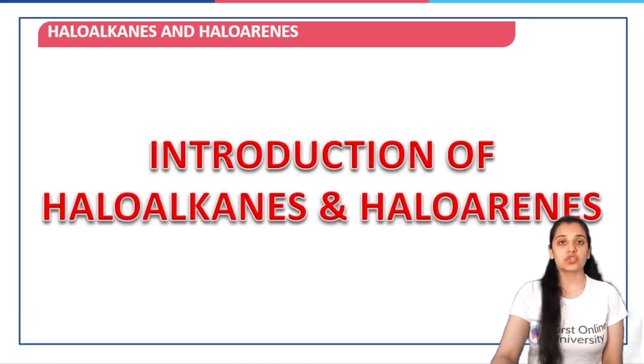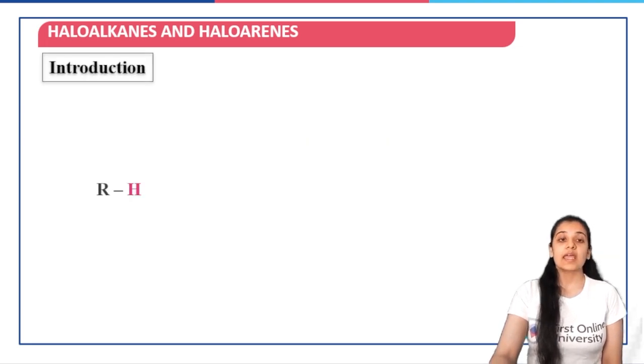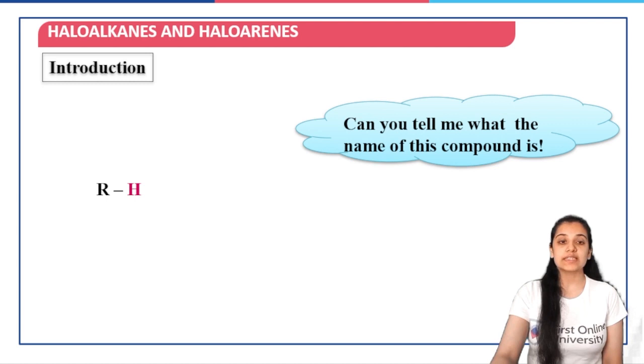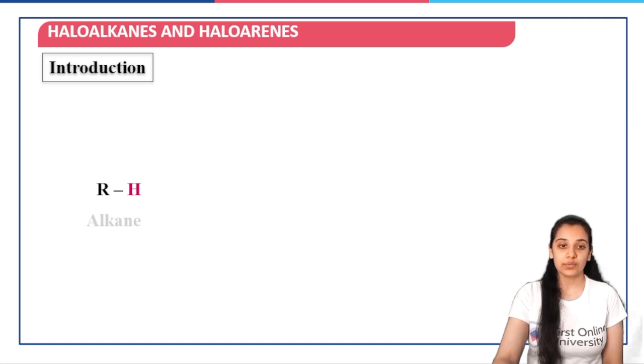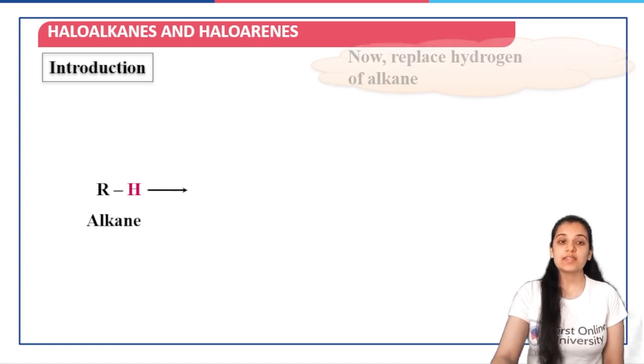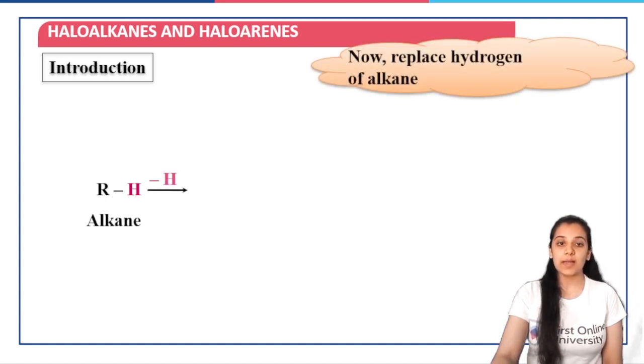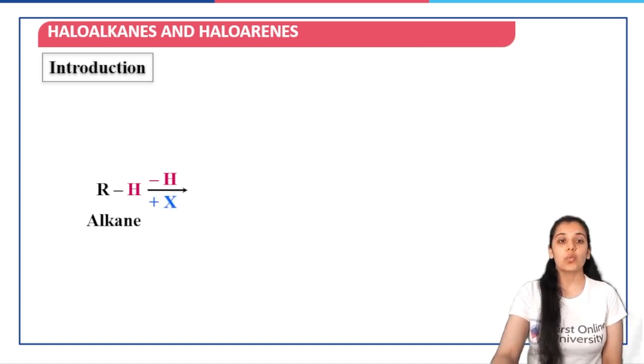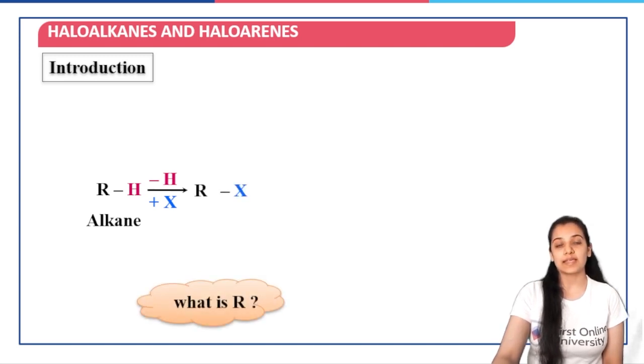Let us start with the introduction of haloalkanes and haloarenes. Now, when I talk about this simple compound RH, what do we call it? We call it an alkane, right? But when this hydrogen is replaced by a halo group, that is a halogen, we get RX, that is the product, and it is called a haloalkane.